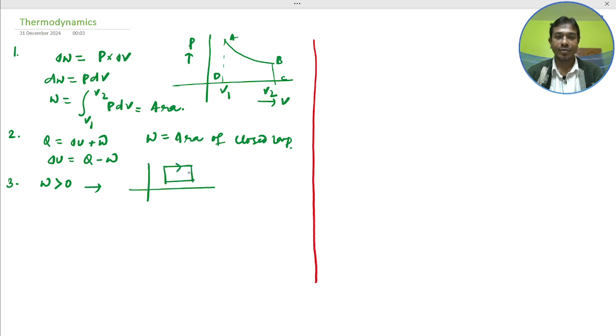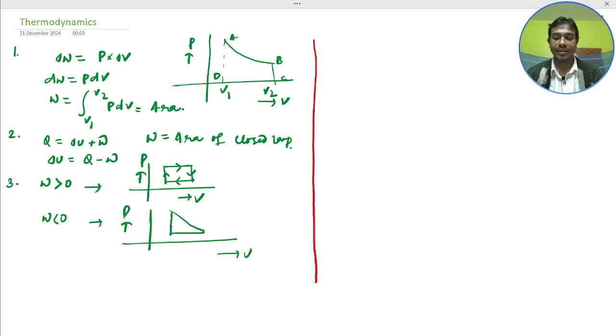Suppose these directions, this is a PV graph. Work done is negative when it is anti-clockwise. Suppose this is P and V here, a triangle with anti-clockwise direction. Here del W is positive, here del W is negative.